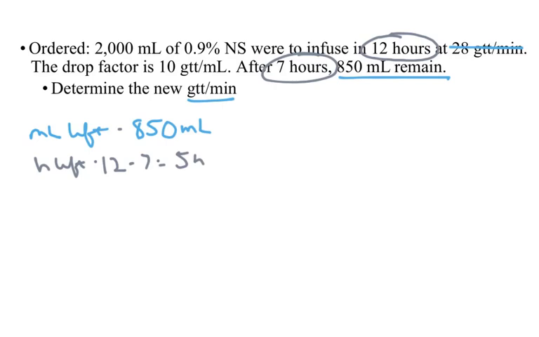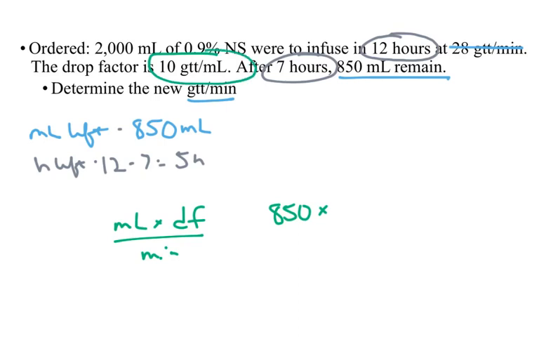They do want to know the drops per minute, so I'll use the formula of milliliter times drop factor over minutes again. So the milliliter, 850, times the drop factor, which is the 10 up above, over all my minutes. I have 5 hours, and I know that 1 hour is 60 minutes, so I multiply, and I get 300 minutes again.